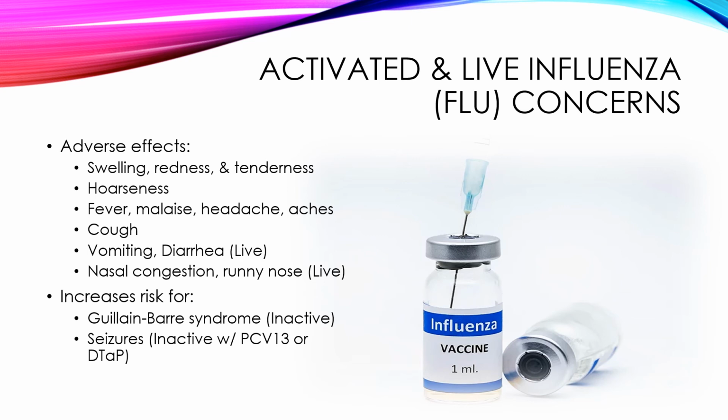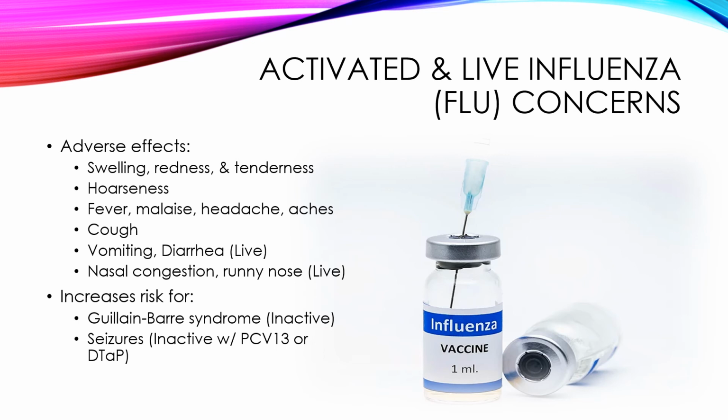If they get a flu vaccine, it could increase their risk for Guillain-Barré syndrome if they get the inactive version. But then seizures can occur with the inactive version along with the pneumococcal vaccine or the Tdap vaccine.